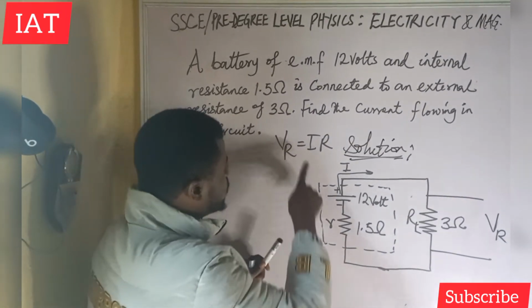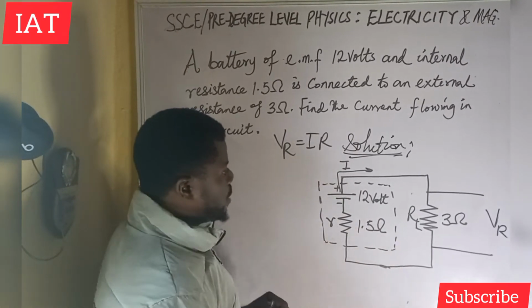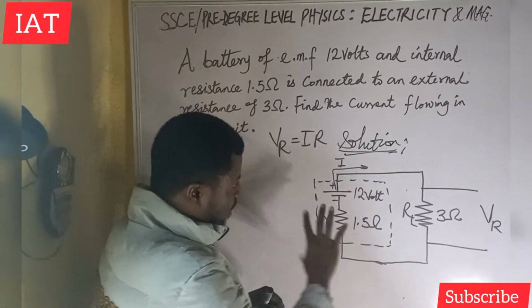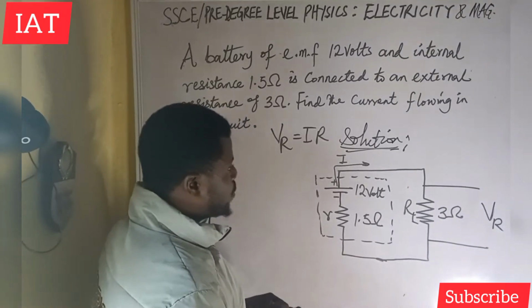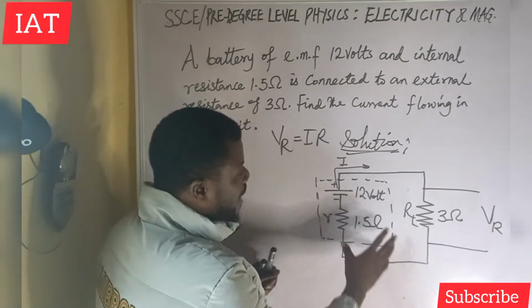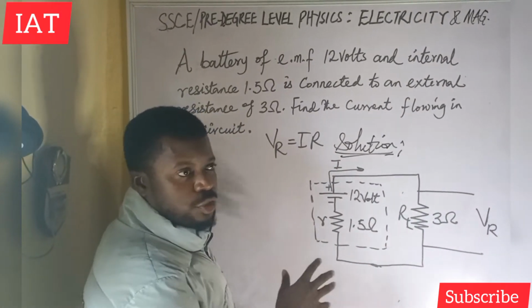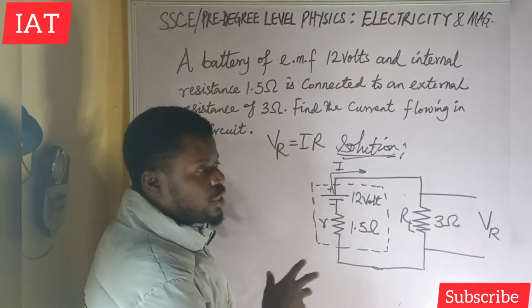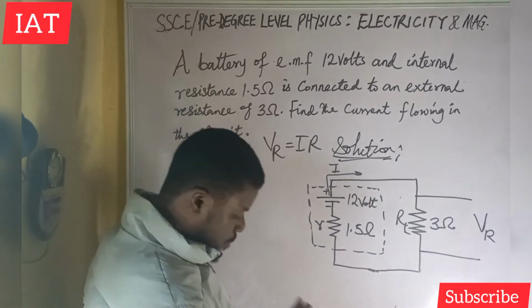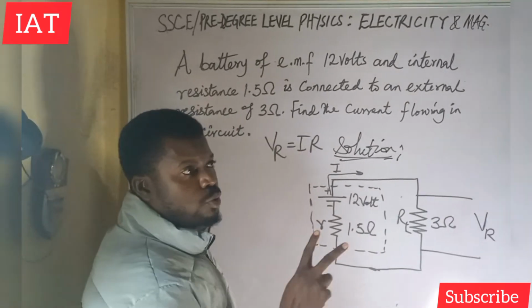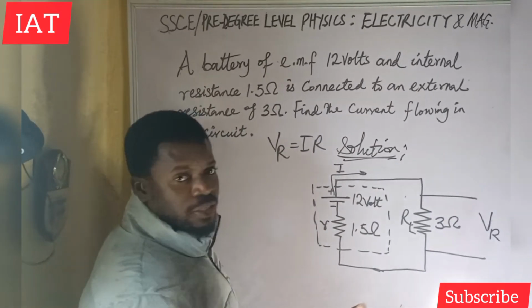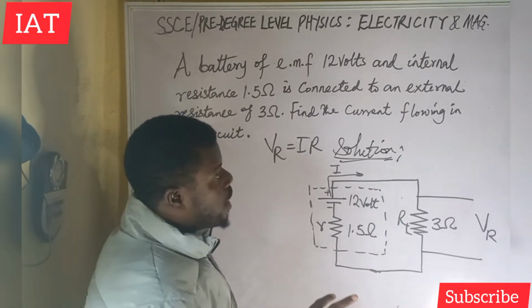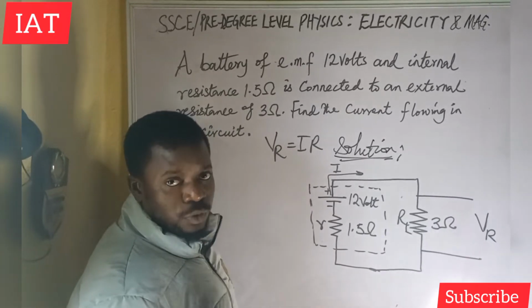So from Ohm's law, we have this expression this way. For us to be able to calculate this, it's simple. We can as well apply Kirchhoff's voltage law. Kirchhoff propounded 2 laws in electricity. One is Kirchhoff's current law, and another is Kirchhoff's voltage law.